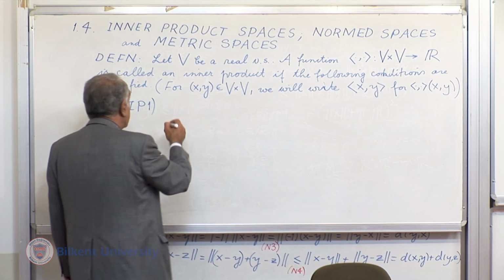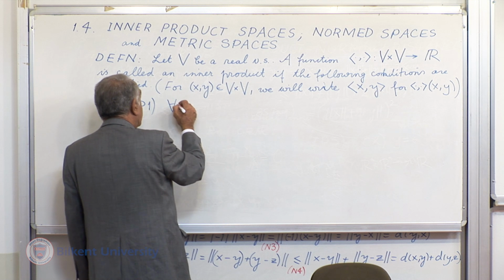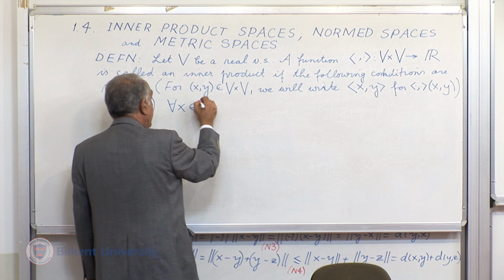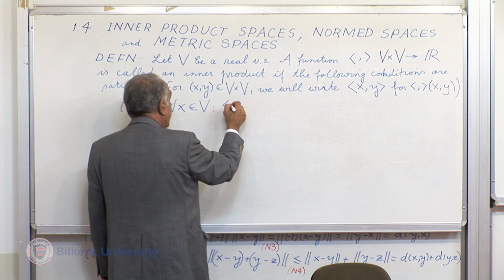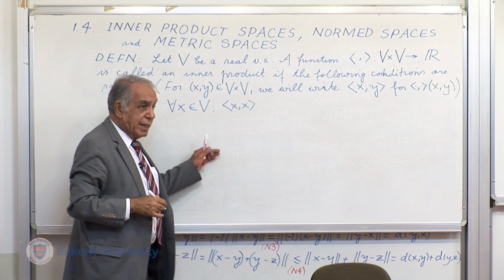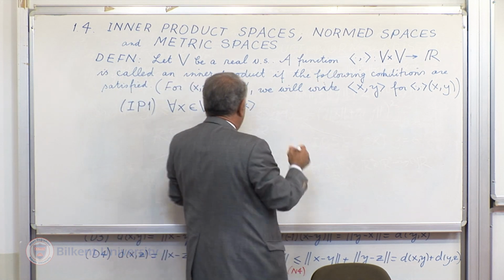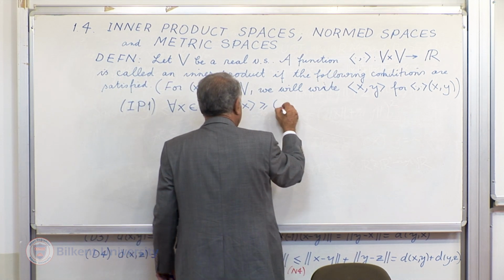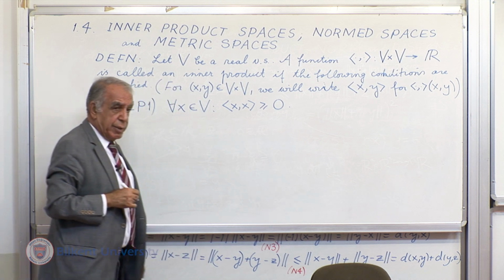The first condition was for all x in V, the image of xx under this function should be larger than or equal to 0.